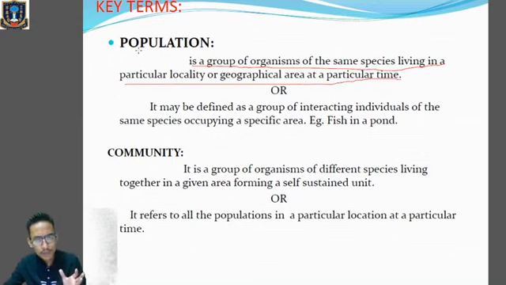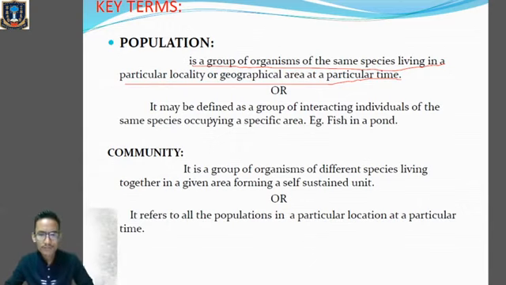When we talk about populations, the group of organisms must belong to the same species. For example, when we are talking about tiger populations, we'll only consider the tiger, not the lion. We'll only take into account the number of tigers. So population means the group of organisms which belong to the same species which lives in a particular area at a particular time.